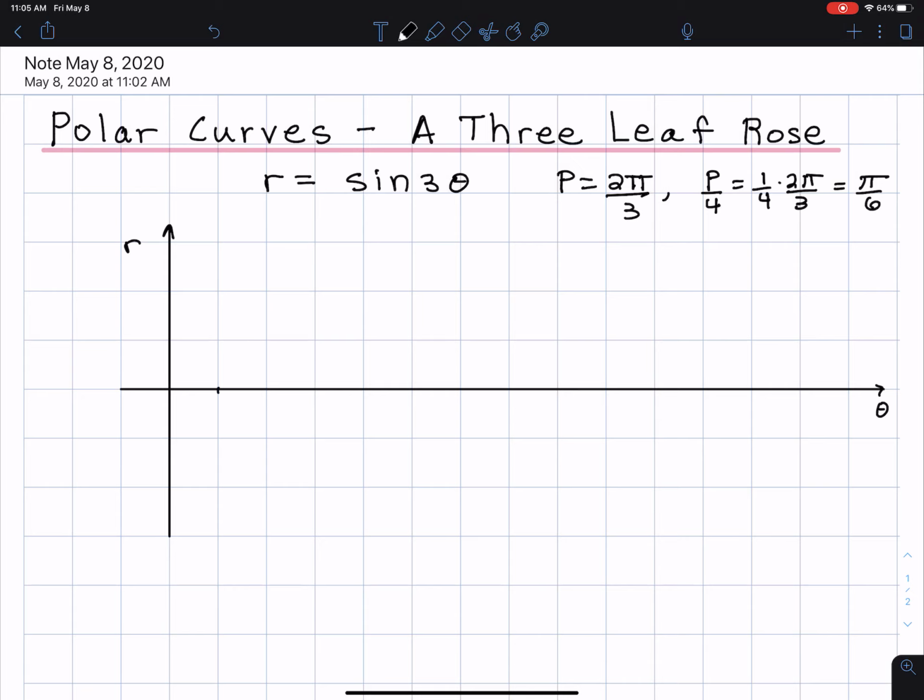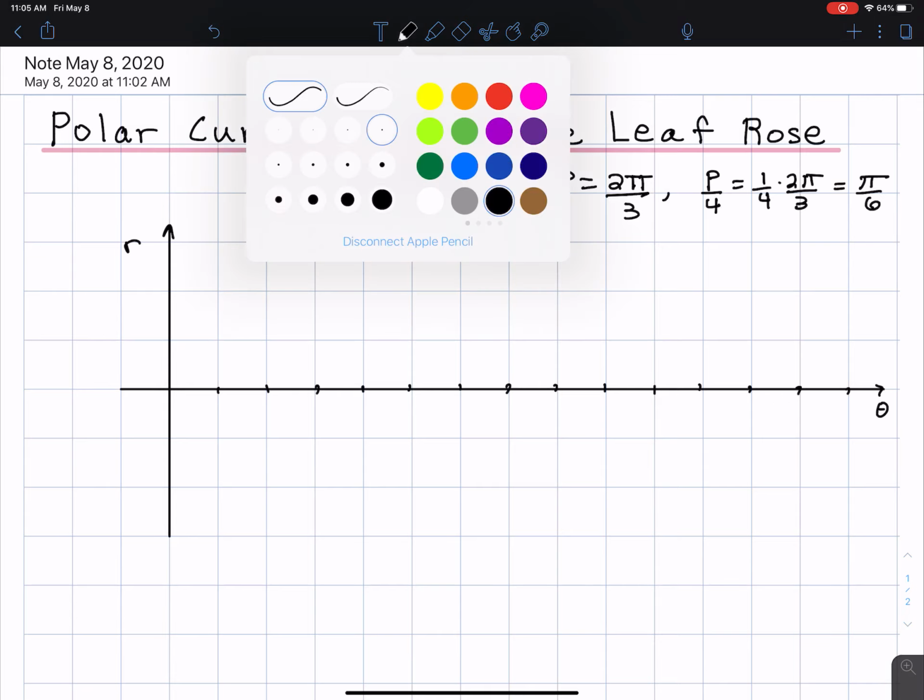I'm going to ignore making the r and theta axis to scale. So I'm going to start at 0, and the next key point will come at pi over 6. In fact, let's just put those in later. Okay, let's just jump in for the fun part.